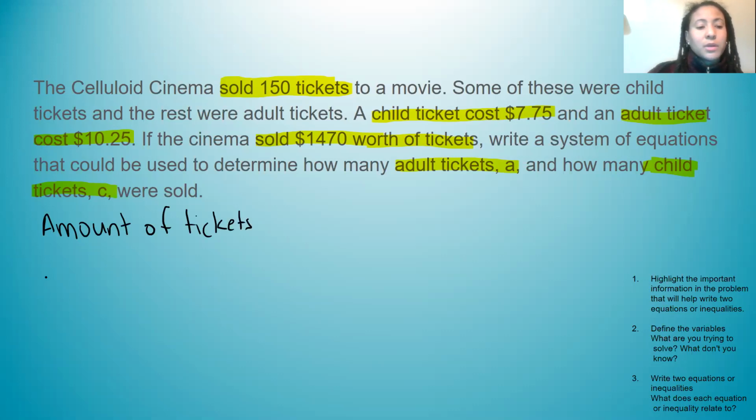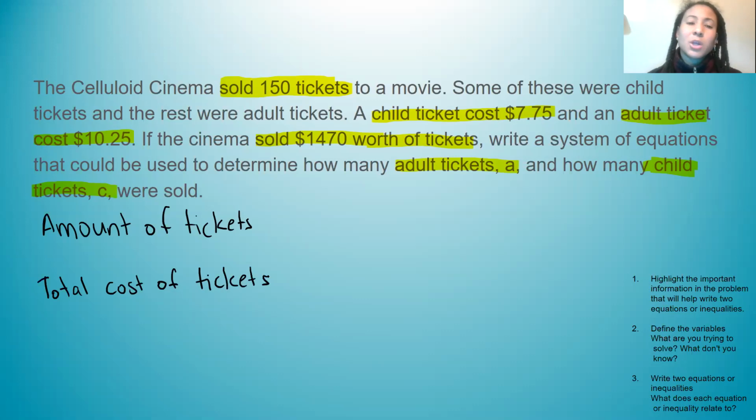And the other one will be the total cost of tickets. So how do we know it was an equation? It says we sold, so we know we have a finite number, meaning we have a specific number that we want to get to, okay? So if we're looking at amount of tickets, we know that we have 150 tickets.